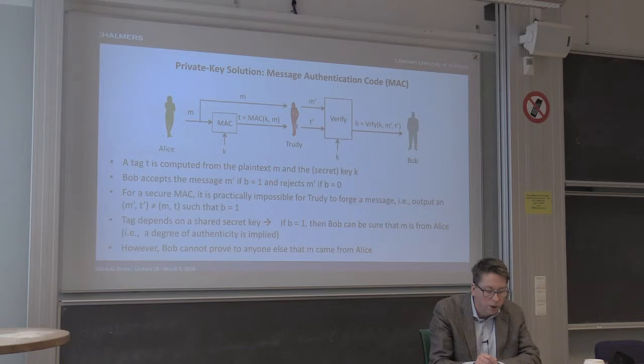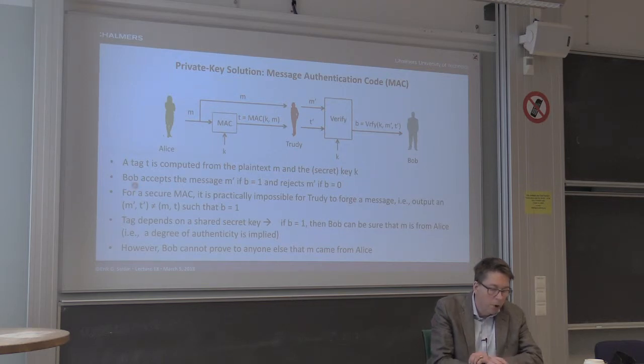So what Trudy can do is look at M and T and try to output a forgery M prime and T prime. And then we can guarantee the following security: the decryption algorithm here, which is called verify, looks at M prime and T prime and will output a binary bit B, which is equal to 1 if M prime and T prime are a legitimate pair for key K. So B would be 0 if the receiver thinks it's a forgery, and 1 if it thinks it's okay.